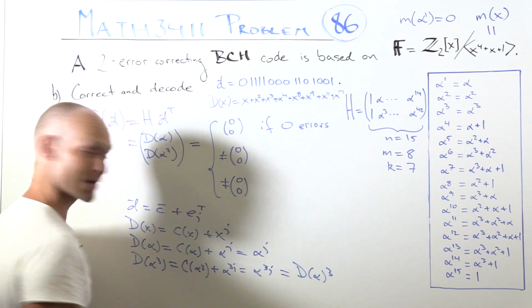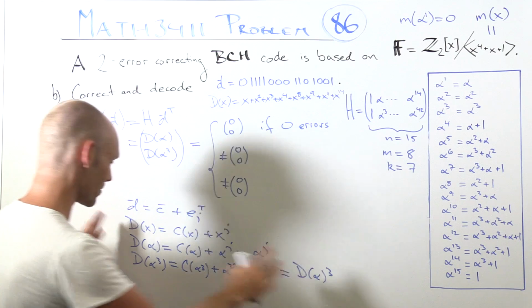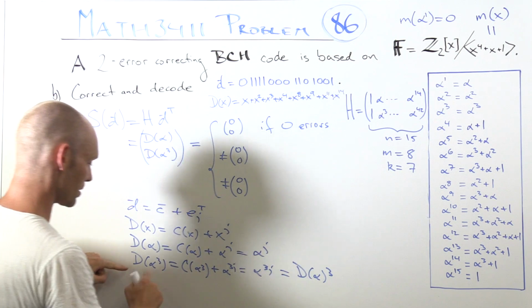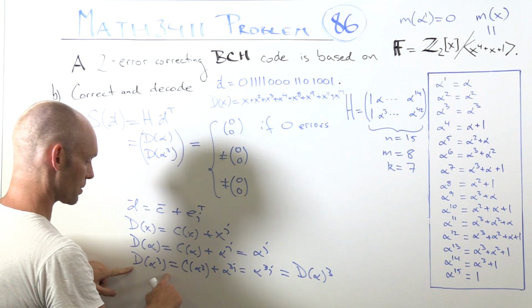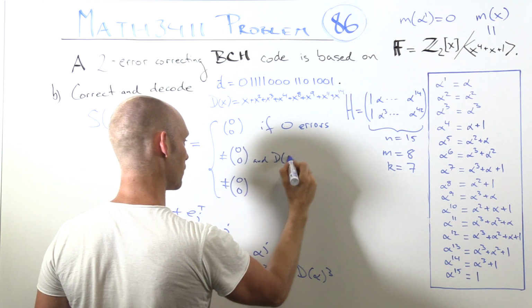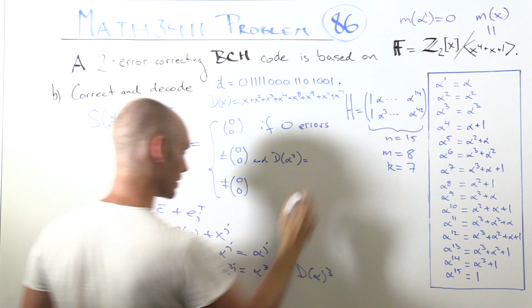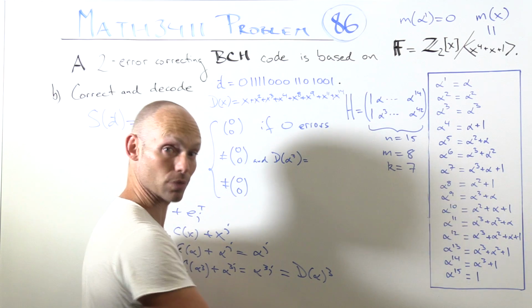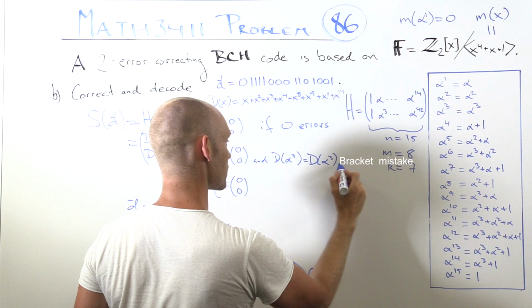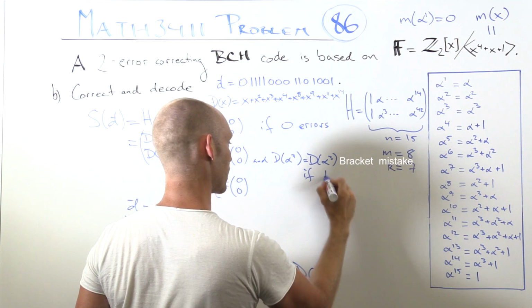Now the reason for talking about all of this is that if there's just one error here, then you see that d of alpha cubed is in fact just equal to d of alpha, cubed. So this is if we've got 1 error.